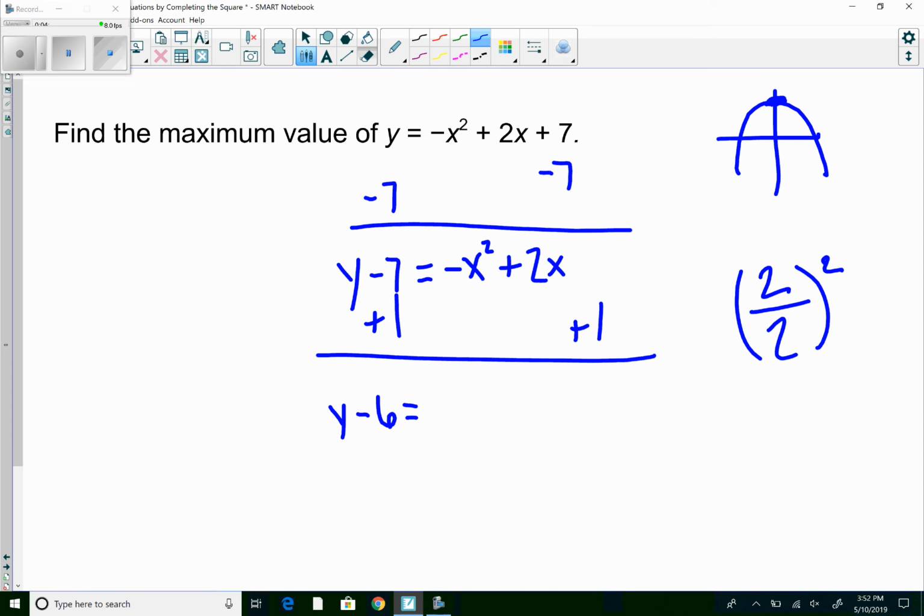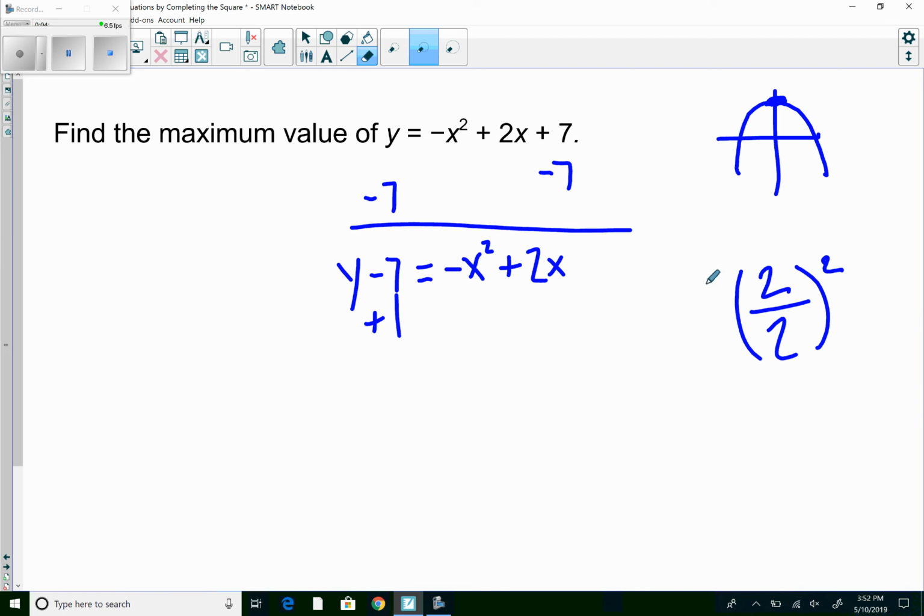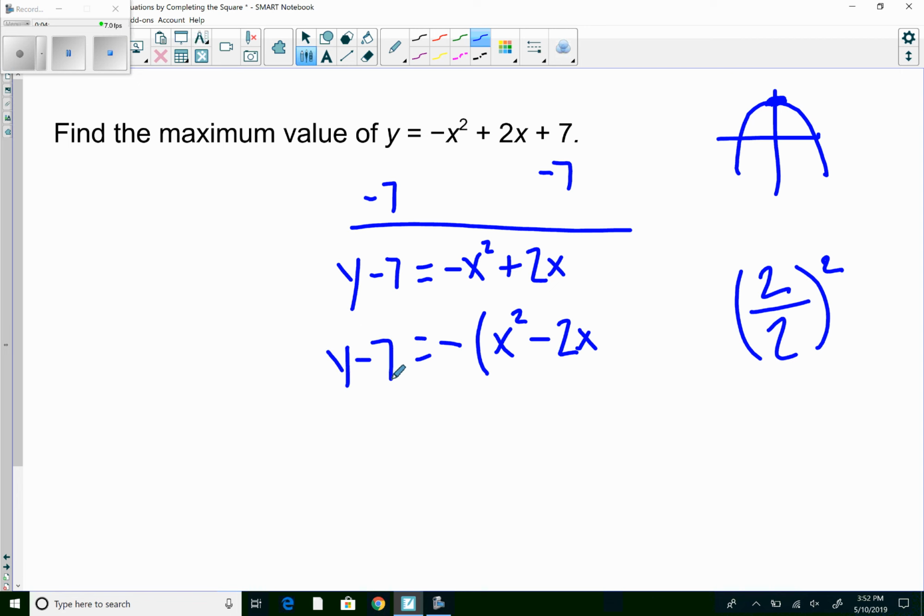Okay, let me back up just a second, you guys. One thing that we want to take care of first, so this stuff over here isn't going to change, but what they do want us to do first is take a negative out here. So that would be x squared minus 2x. And then we're still going to add this 1 over here.